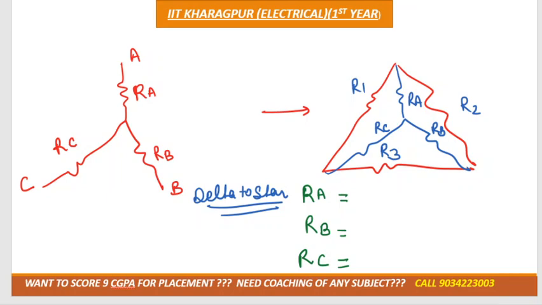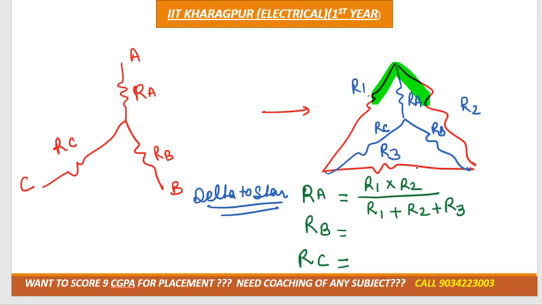Now tell me, RA is connected between R1 and R2, right? So that would be R1 into R2 divided by the sum of the resistors, that is R1 plus R2 plus R3.